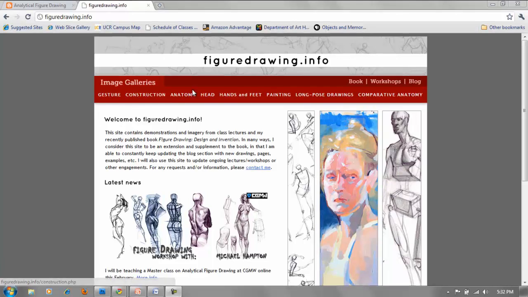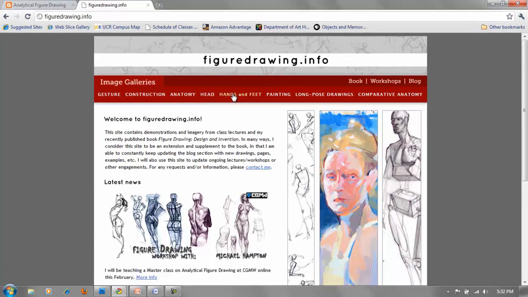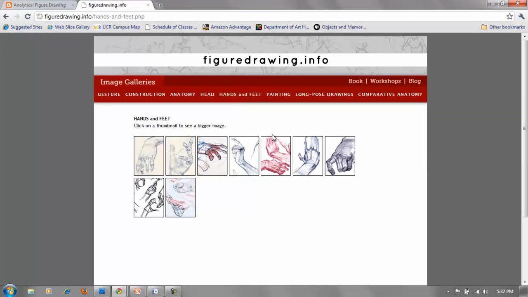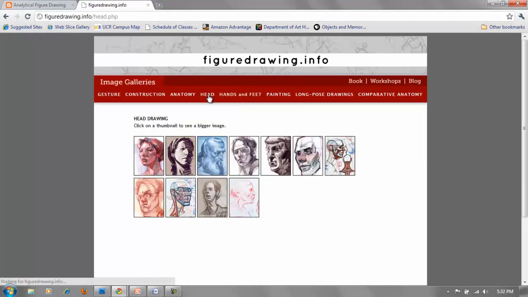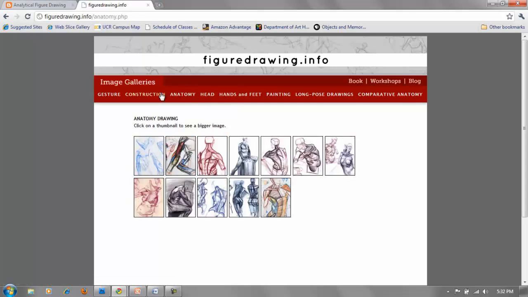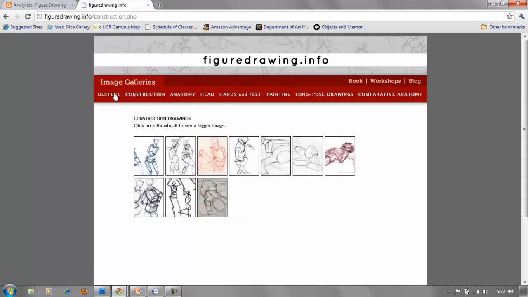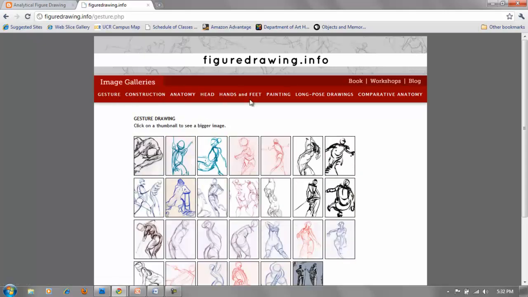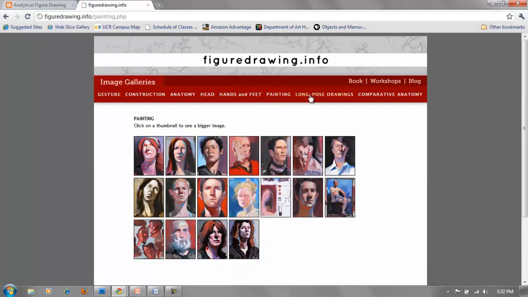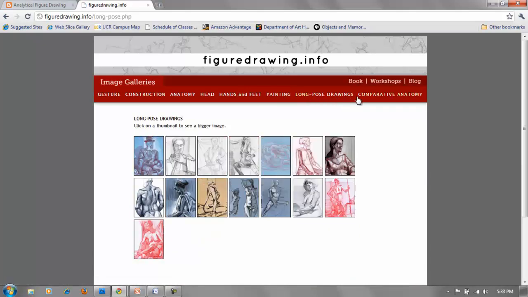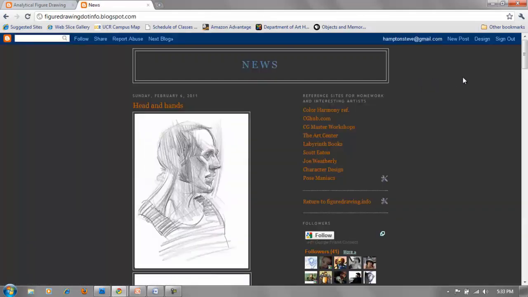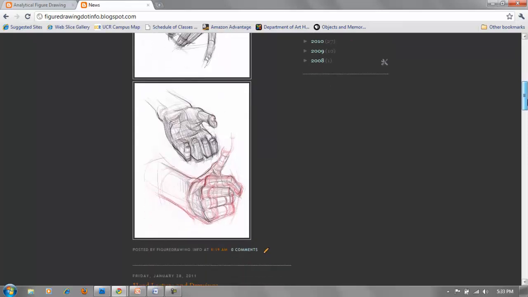Each one of these links has a number of examples, different drawings that will go with certain chapters in the book. I don't think that you'll have to buy a book because you'll have the lectures, so hopefully these will just be supplemental. I also have a blog here that I try to keep a lot of links on for homework and resources, and I just try to dump drawings here all the time.